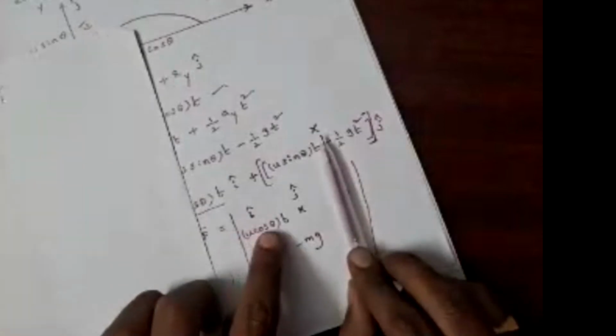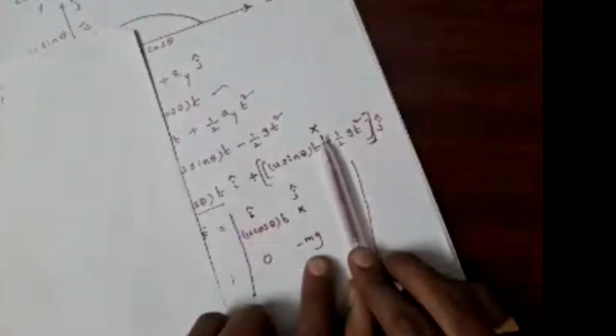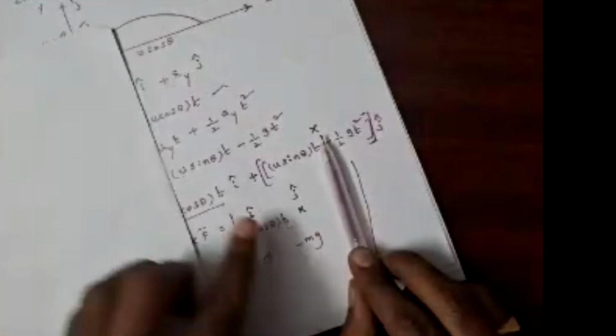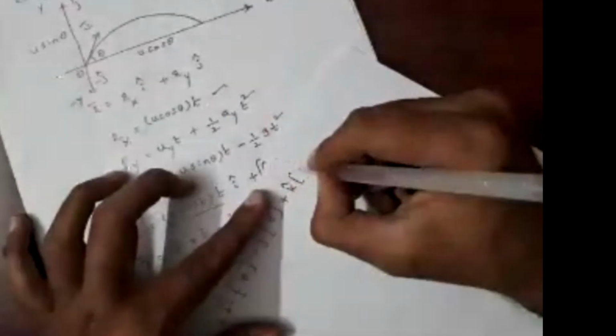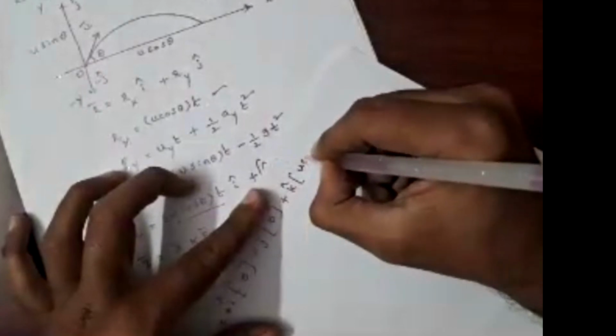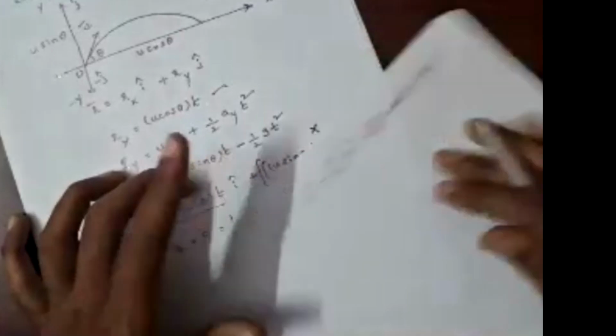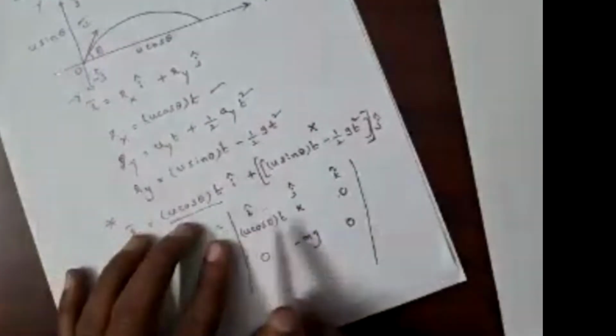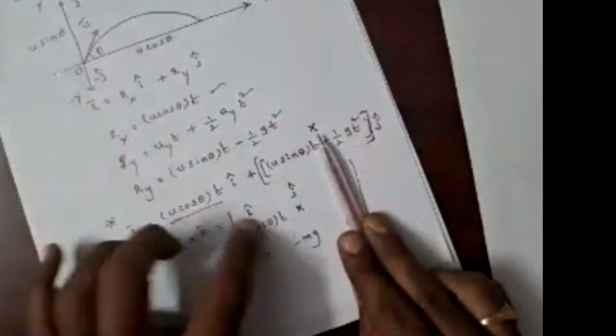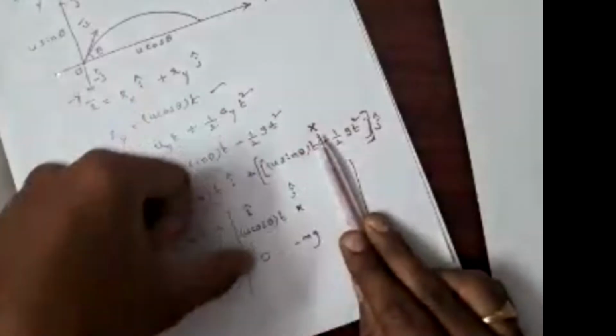Now k cap. Close the k cap. You will get cross multiplication: u cos theta into t into minus mg. Minus is mandatory. Once you close the k cap and multiply these two, now again these two cross multiply: x into 0, 0. So now 0.